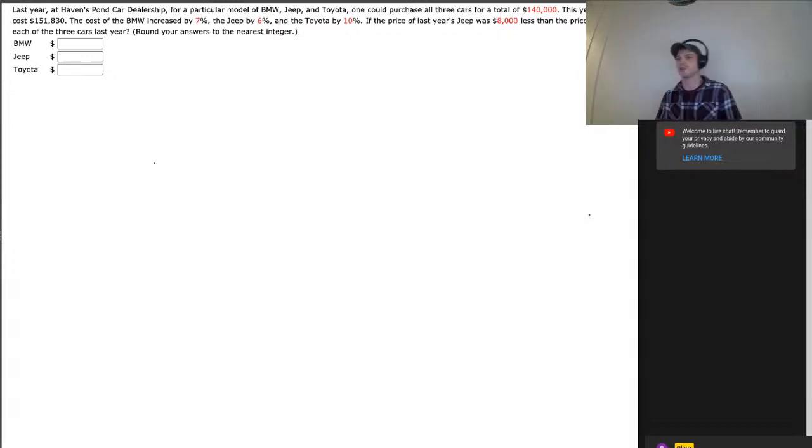Okay, so the cost goes up by some amount, and then they tell you one other relationship. If the price of last year's Jeep was $8,000 less than the price of last year's BMW, what was the price of each of the 3 cars last year? Okay, so our unknown is the price of the cars last year.